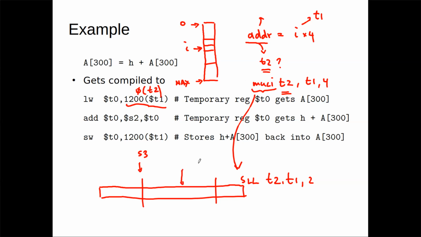I, which is in T1, is here, right? So really your address here is plus S3, right? And then you have to incorporate it into your equation. So essentially you have to add yet another instruction which converts between the, if this is the base address of the array here, this is the index T1, and each element is 4, right? So you really have to use an index as an offset, right?